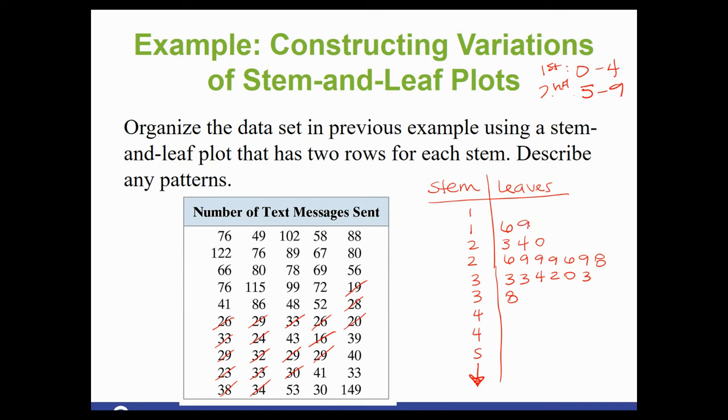So we had another one for our tens. 39, another 33. This is why I like having it printed, and I can slash off the numbers as I go so I don't miss any numbers. And so forth. You would be able to continue going through. So this helps spread out your data, especially if you had a lot of data concentrated in a small range of numbers. This gives you a little bit more bars and rows to look for patterns.